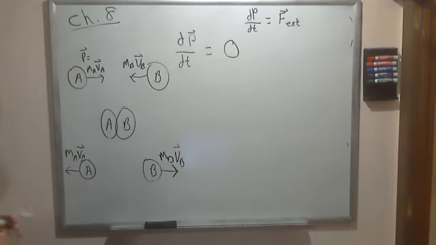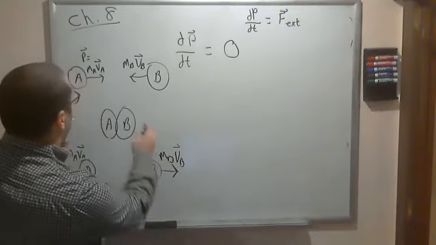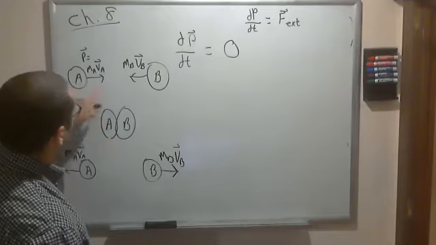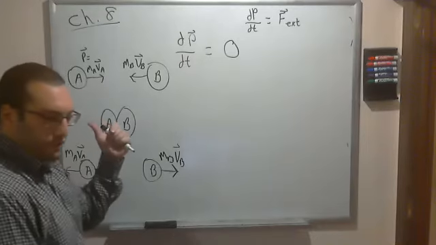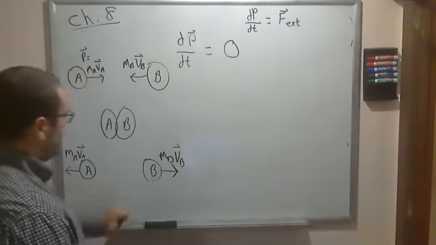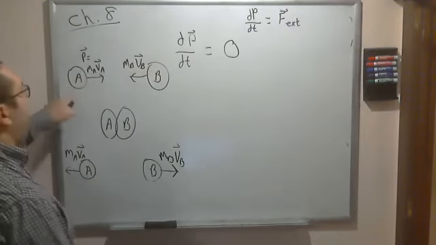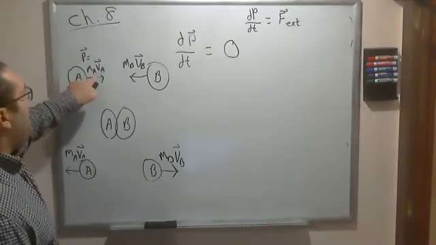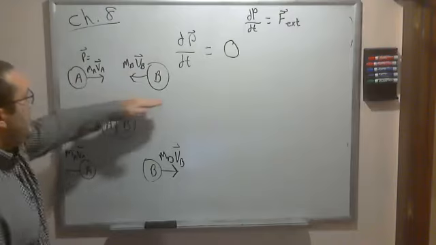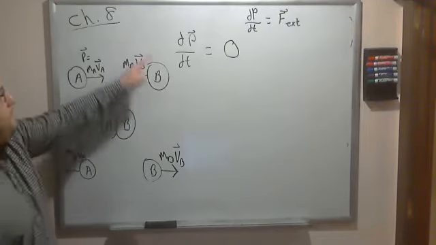So what happens is that when these two balls collide, this one experiences a force to reverse the momentum in the other direction, and then the same thing occurs with B. But if you consider this as one system, and assume that the masses and the velocities are equal to each other, what's the total momentum of this system?